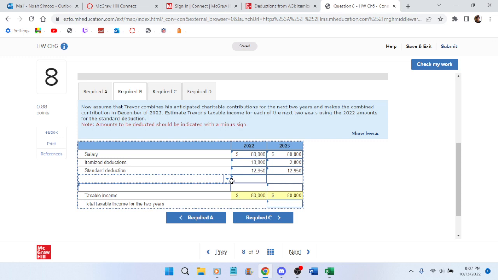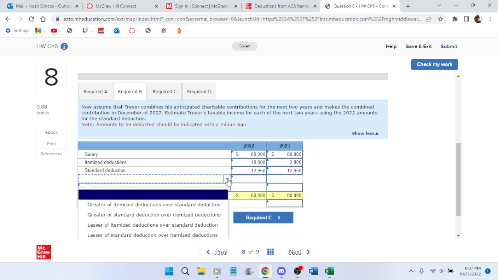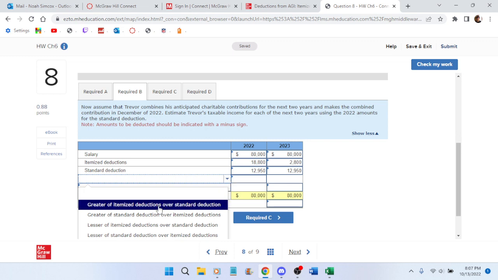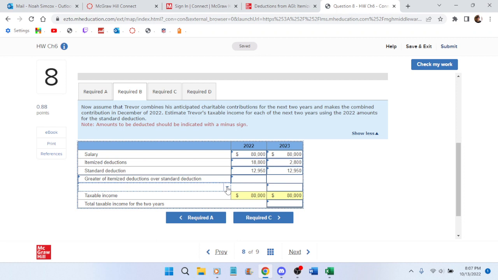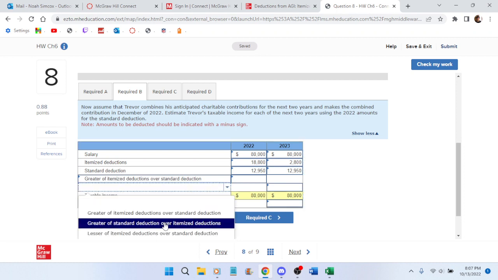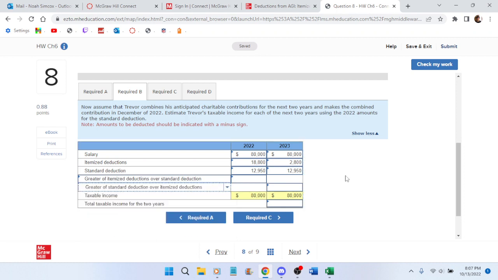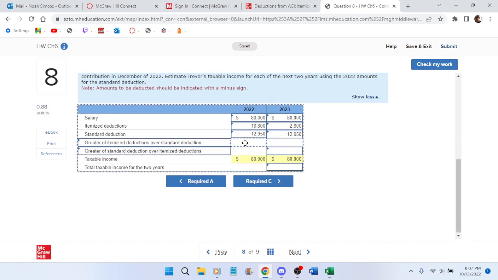Now the greater of standard deduction over. So the greater of these two is 18, and they want you to make it negative. Of course, just randomly out of nowhere, just make it negative.